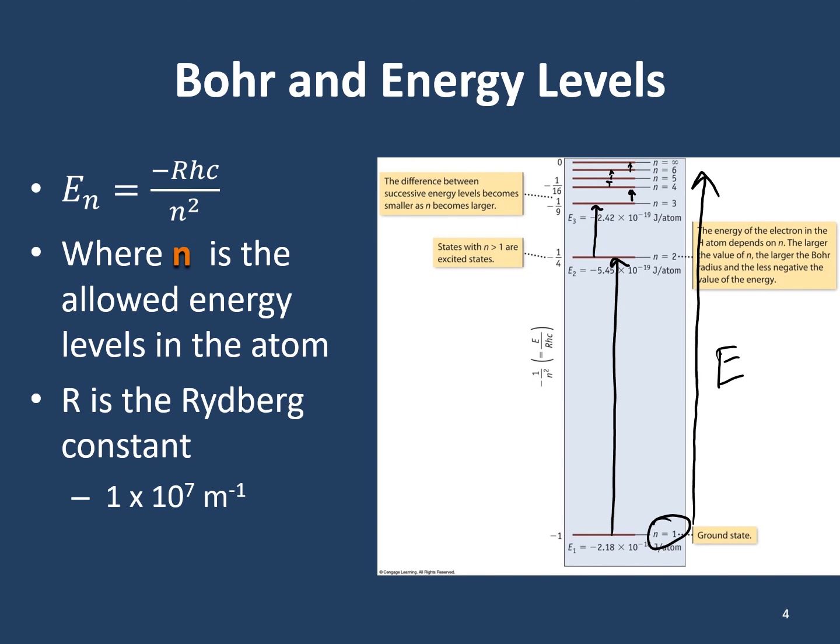Now, how do we calculate the energy that an electron needs to be at in order to be at one of these energy levels? Well, that's using this equation right here. Now, R, H, and C are all constants. R is Rydberg's constant, H is Planck's constant, C is speed of light, and they're all constants.